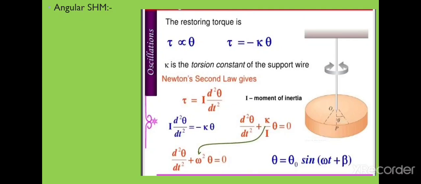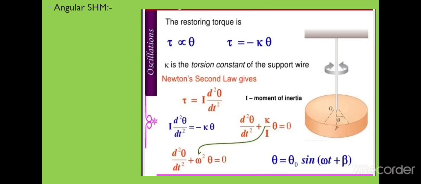If this disc is slightly twisted about the axis along the wire and released, it performs rotational motion partly in clockwise and in anti-clockwise sense. Such oscillations are called angular oscillation or torsional oscillation.